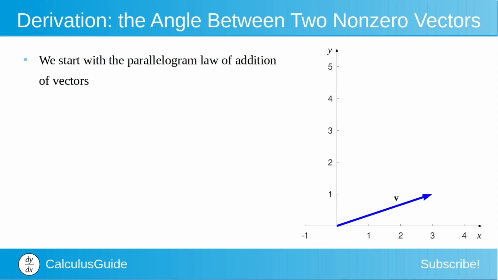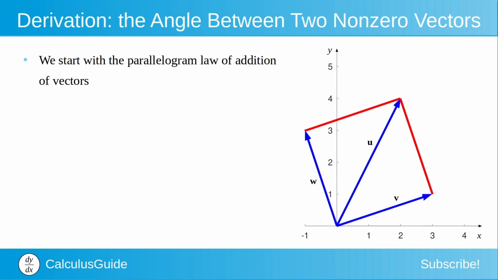For the vector v and a vector w, the resultant vector v plus w is equal to the vector u, where the vector u is the diagonal of the parallelogram, which can be created from the vector v and the vector w.